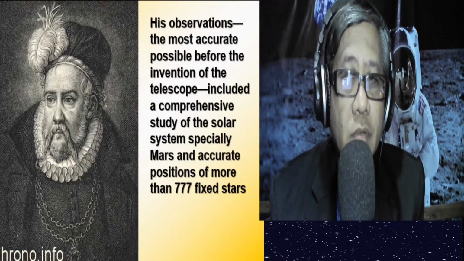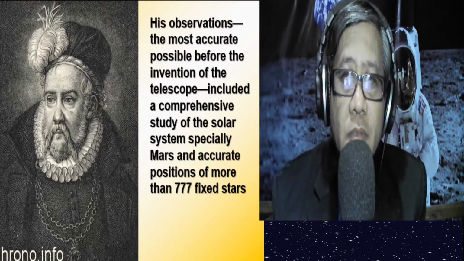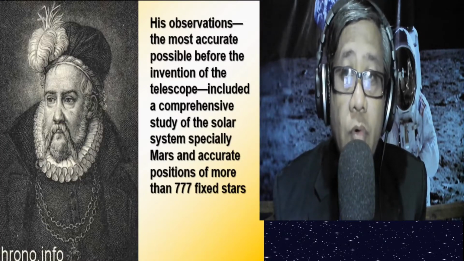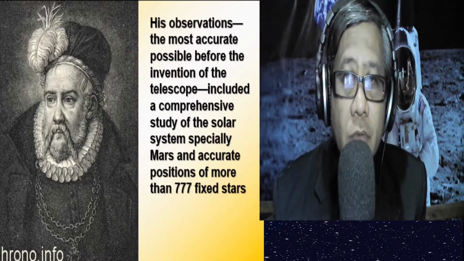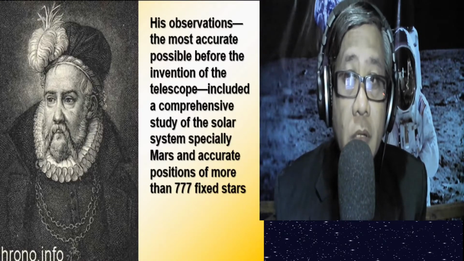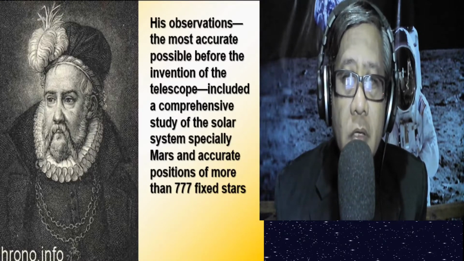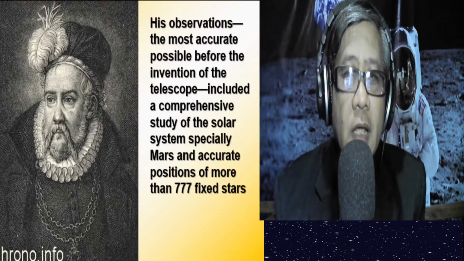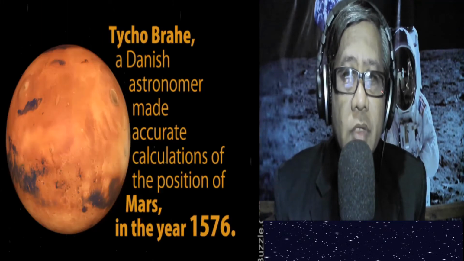His observations, the most accurate possible before the invention of the telescope, included a comprehensive study of the solar system, especially Mars, and accurate positions of more than 777 fixed stars. Tycho Brahe was one of the greatest of the naked eye astronomers.